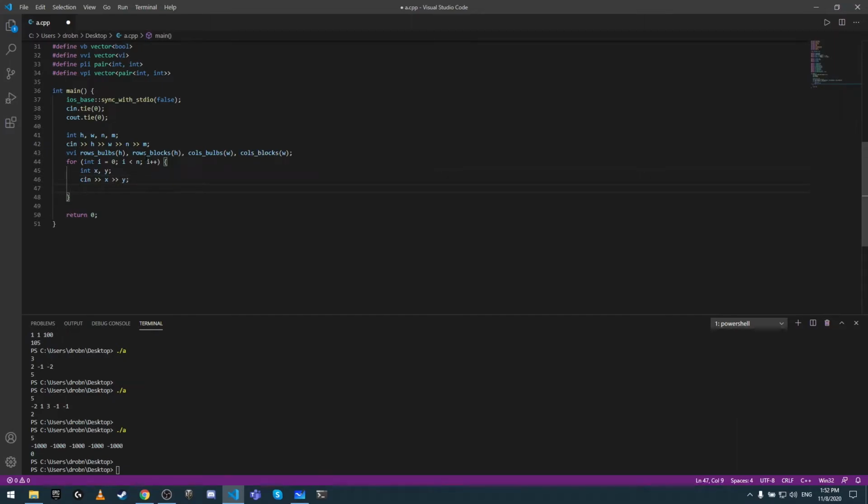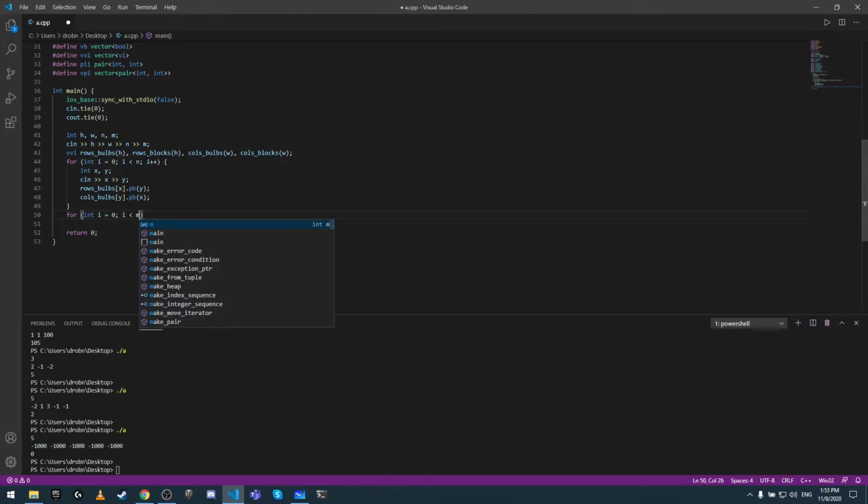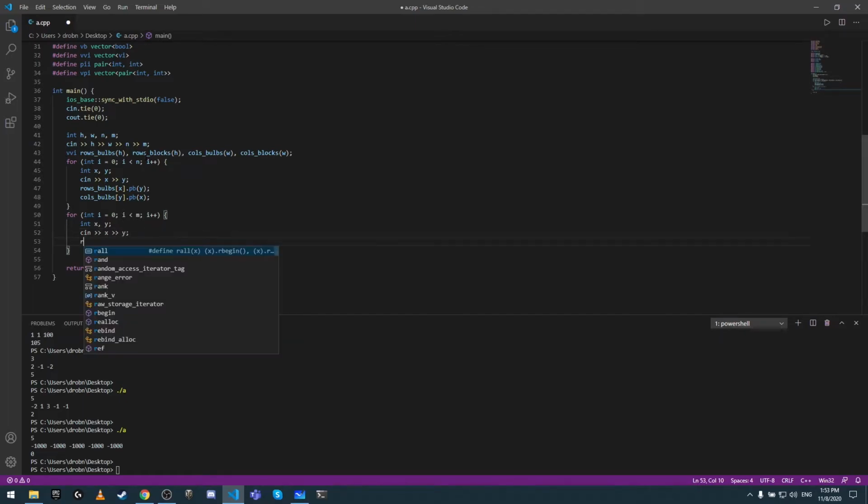Now we do rows bulbs x push back y, and calls bulbs y push back x, and then we do the same for blocks: rows blocks x push back y, rows calls blocks y push back x.